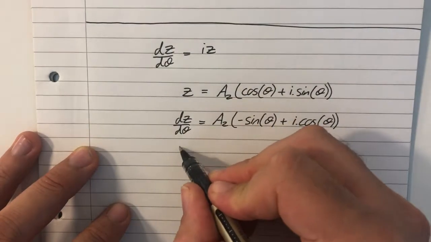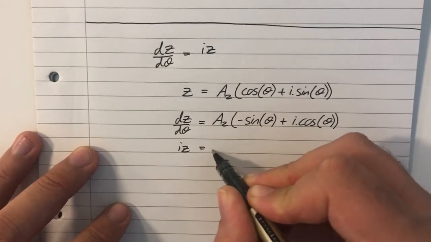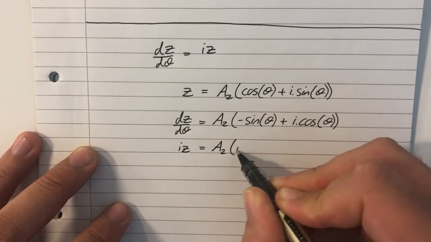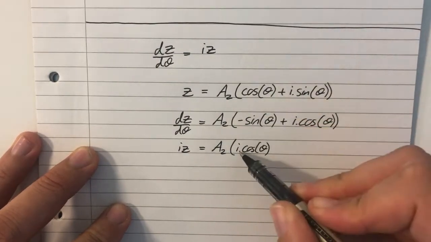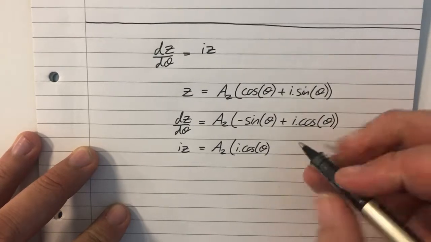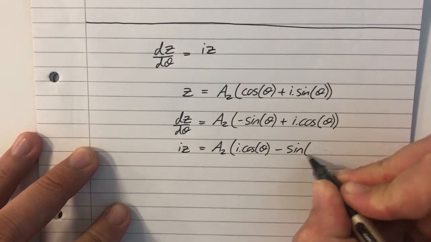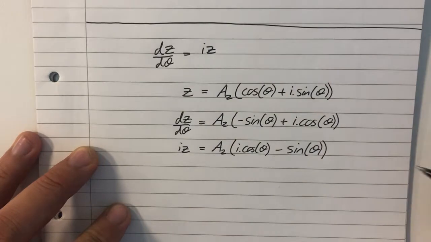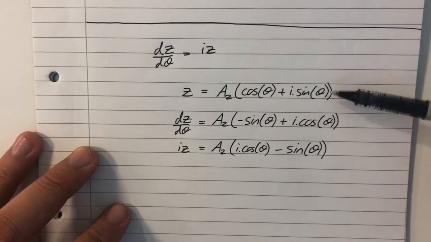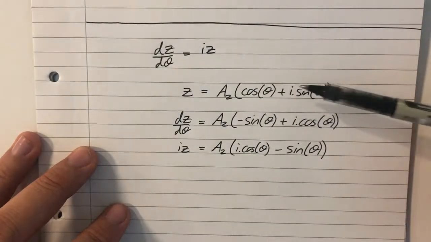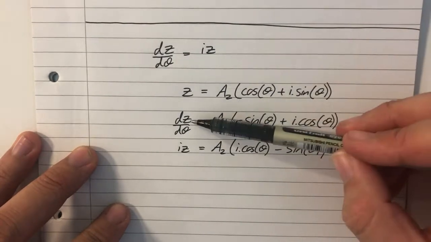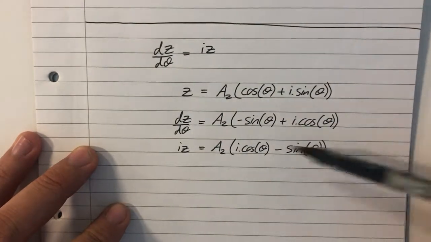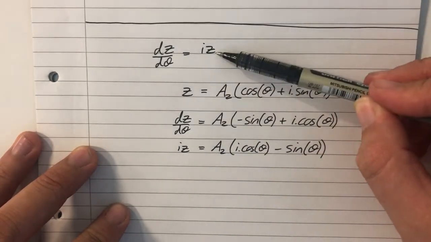We get a2 into minus sine theta plus i times cos theta. And if I take z and multiply it by i, that's going to give me a2 into i times cos of theta. Times that by i, I get i squared, but that's just minus 1. So therefore, z equals a2 into cos theta plus i sine theta also satisfies this differential equation, because dz by d theta is equal to i times z, which is what this differential equation is.